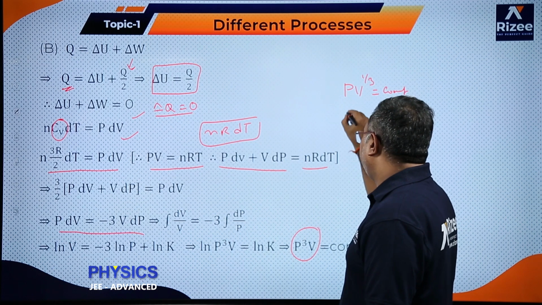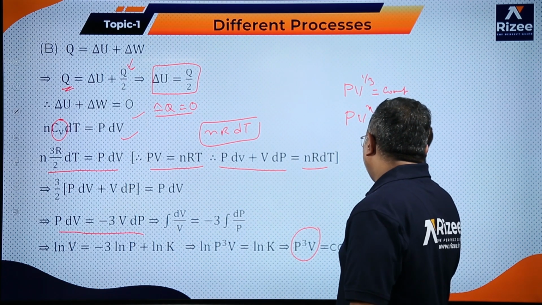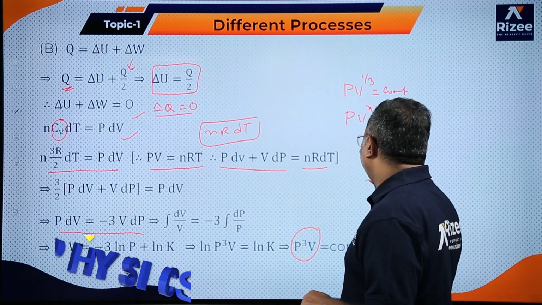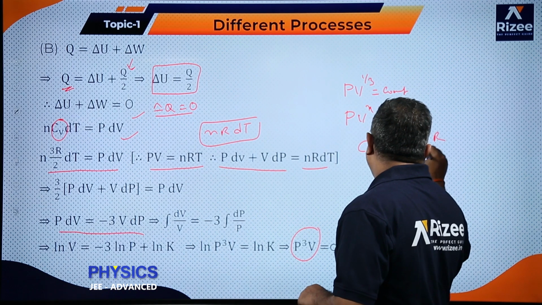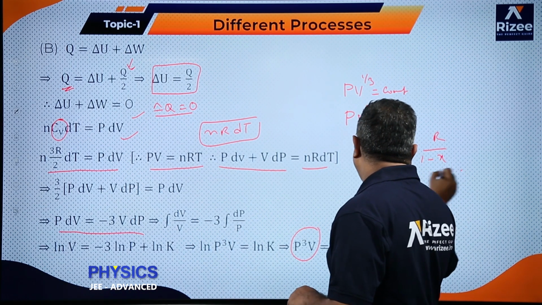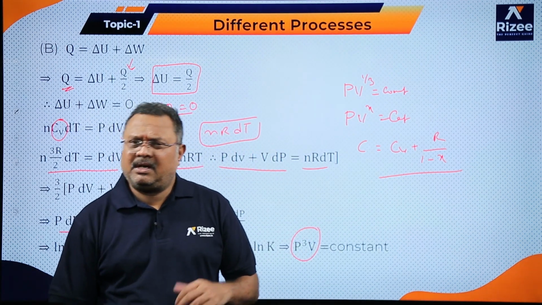When this is compared with the given information PV^x = constant, and substituting in the relationship C is equal to Cv plus R by 1 minus x, you can find out the molar heat capacity that he has asked in the question.